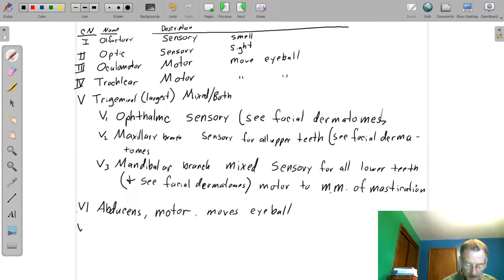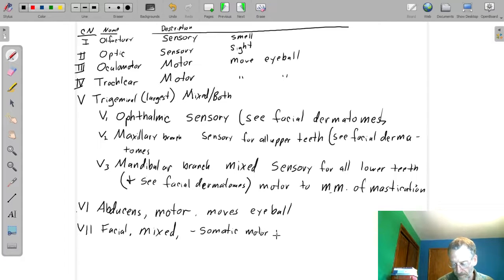And then we have the facial, which is 7. And it is mixed, or both. It's a mixed nerve. So we have somatic motor to what? To muscles of facial expression.